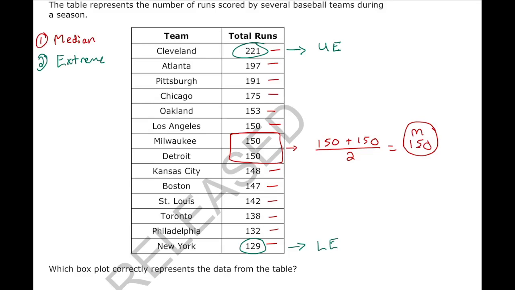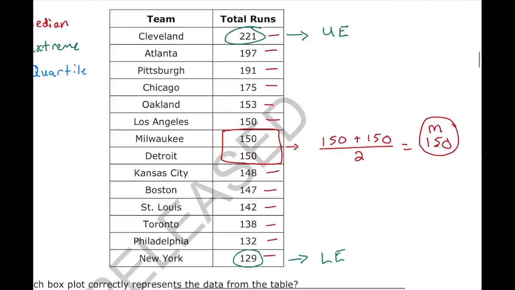All right. Now, the final step would be to find the quartiles. Hopefully, you remember that the quartiles are just the medians of your upper and lower half. All right.